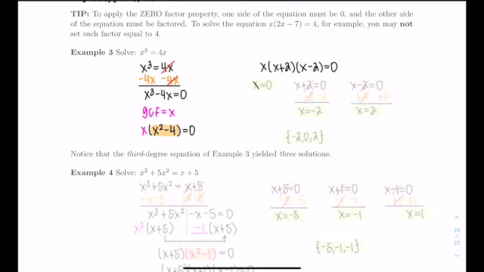We have just our x up front equals 0. We have x plus 2 equals 0. And we have x minus 2 equals 0. The first one's already done. We can't really simplify that anymore. But we can simplify the other two. We can subtract 2 on the first one, and we can add 2 on the second one.